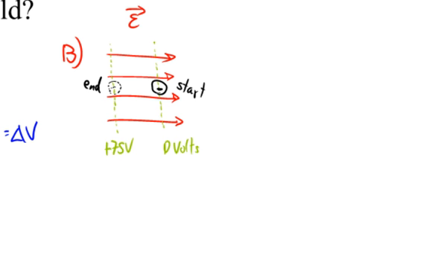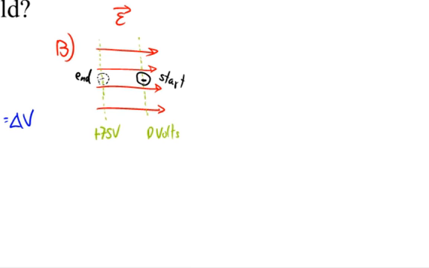The charge is moving to the left because it starts at 0 volts and goes to plus 75 volts. But that's also the direction that the electric field wants to push the charge. So the charge and the force exerted on the charge by the electric field are in the same direction. And so for that reason, I say that the work done by the electric field is positive.